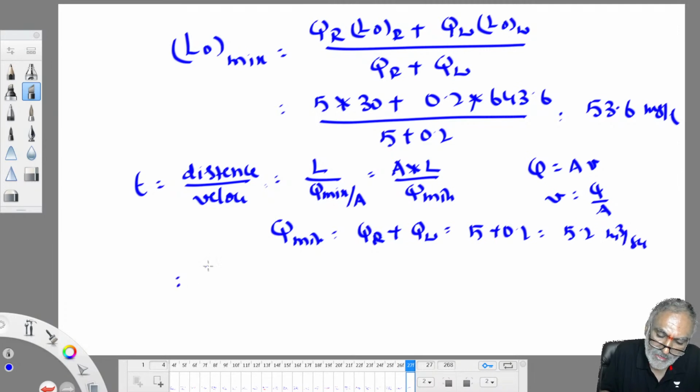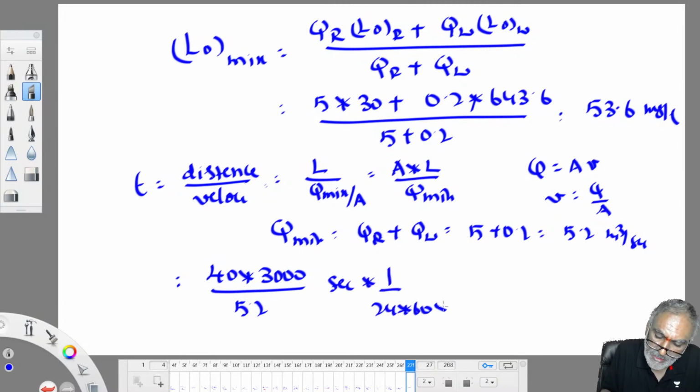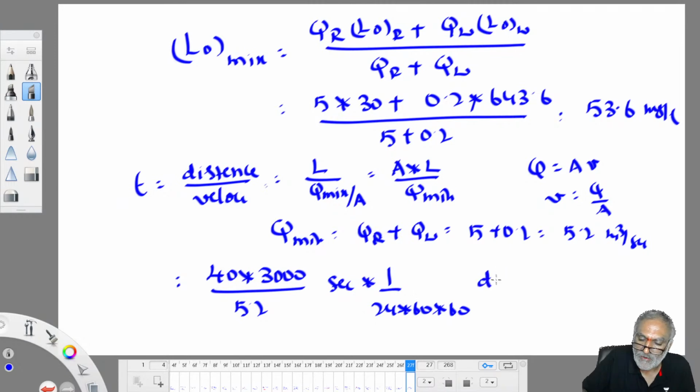So the area is 40 square meter. 3 kilometers means 3000 meters, by 5.2 seconds we will get. To convert this into days, why? Because K value is given in days. If K value were given in 1 per second, then we could substitute seconds. Then you can convert this into days.